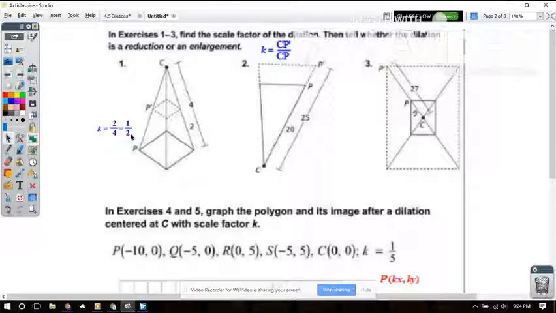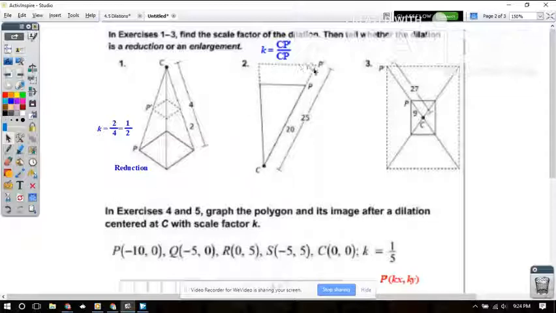So it's 2 over 4, which reduces to 1/2. So our scale factor K is 1/2. And is this a reduction or enlargement? Well, P prime is clearly smaller than figure P, and so this is a reduction, because it got smaller.